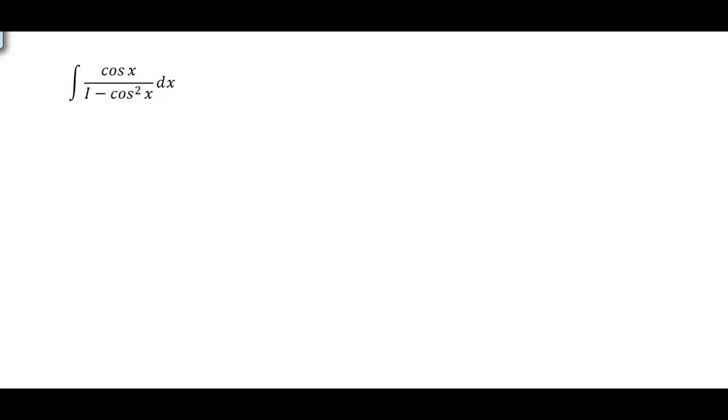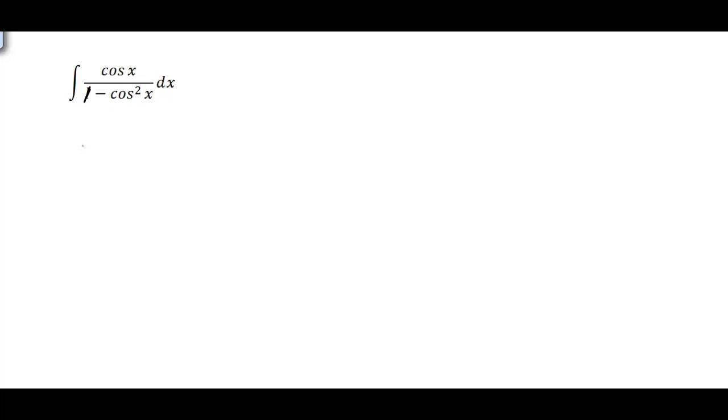Okay, here we have the integral of cosine x divided by 1 minus cosine squared x dx. Again, we do not have a quotient rule, so how can we rewrite this integral? This is going to require us to use some of your trig identities, and hopefully this one is somewhat obvious.